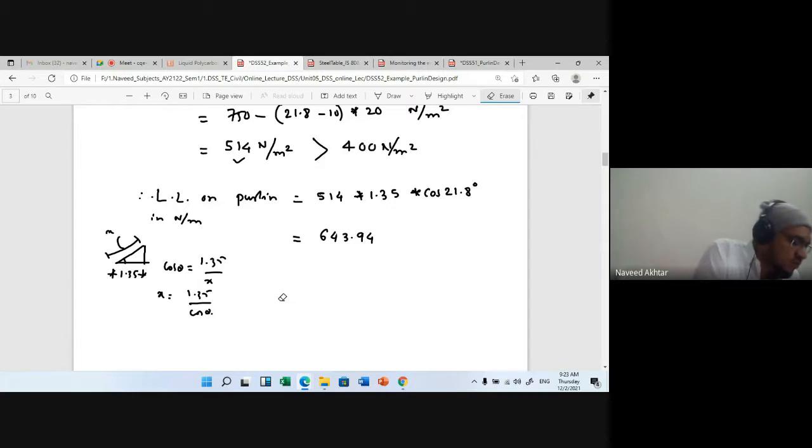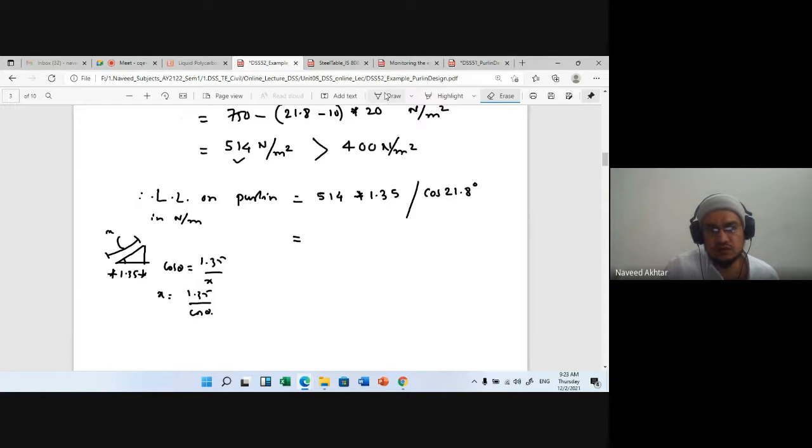So it is divided by cos theta, and the value will change. The value will be 514 into 1.35 divided by cos of 21.8, which comes to something like 747.34.